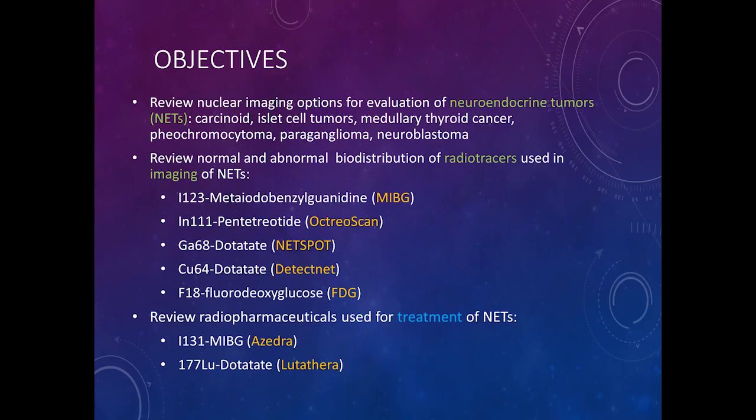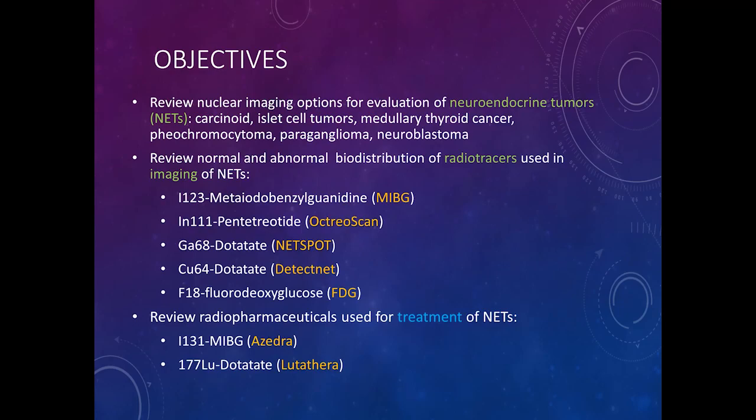Those include I-123 labeled MIBG, indium-111 labeled pentetreotide, otherwise known as OctreoScan, gallium-68 labeled DOTATATE, copper-64 labeled DOTATATE, and the more common tracer that you're aware of, FDG, labeled with F-18.